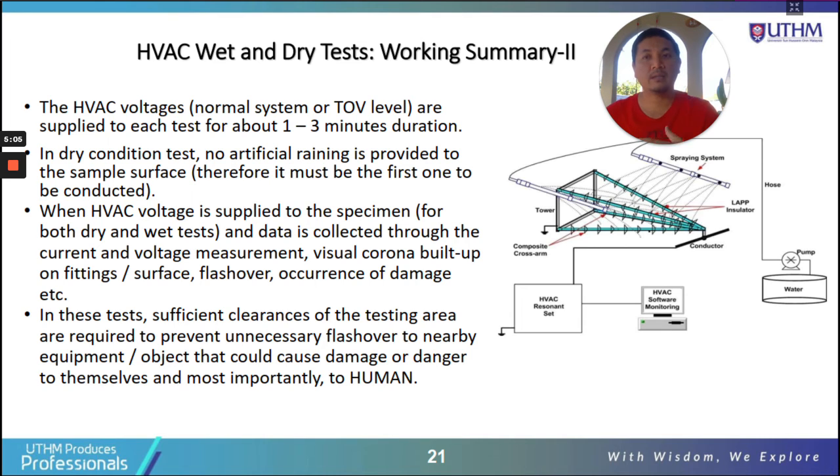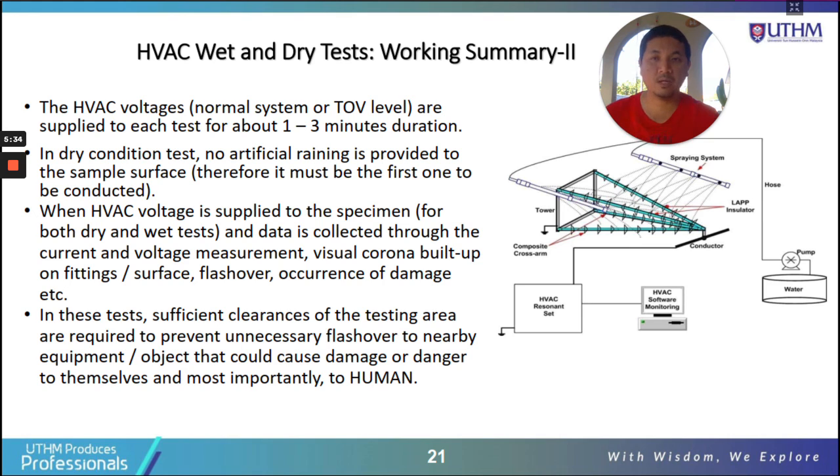In the dry test, no artificial rain is provided. We turn off the water pump, and when we perform the test and supply the high voltage, we collect the data. We collect both current and voltage, as usual, as in the previous tests.